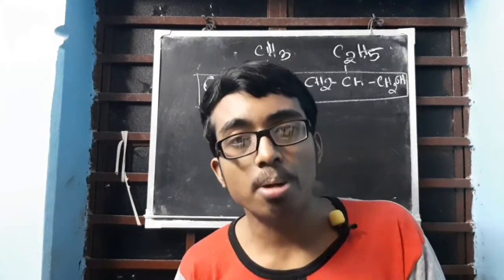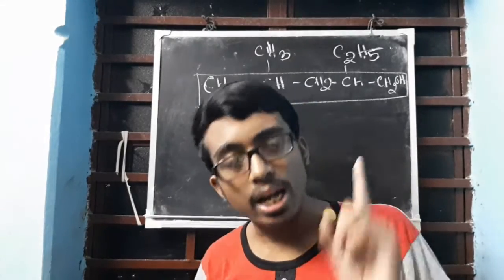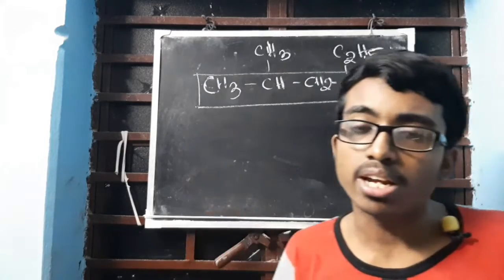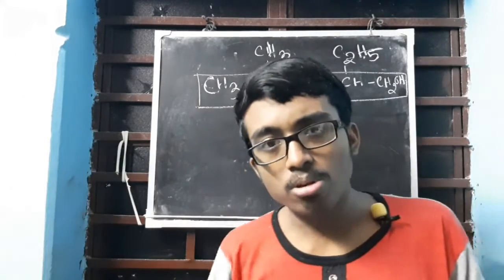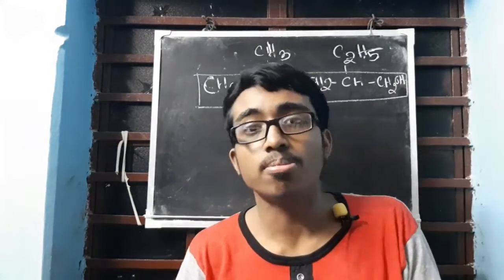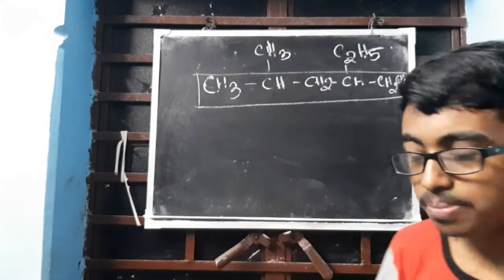Functional group has the highest priority, then double bond, then triple bond, and at the end the substituents. Clear? Understood?